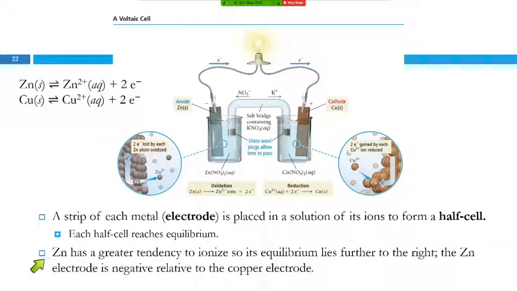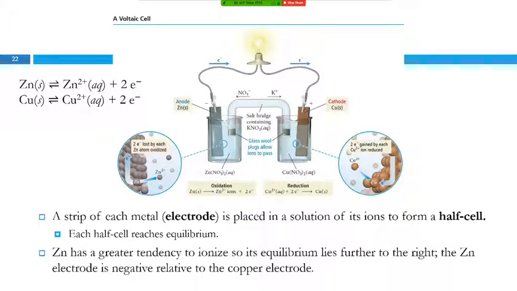Zinc has a greater tendency to ionize, so its equilibrium lies further to the right. So if we look at the equilibrium here, zinc is in equilibrium with zinc ion and 2 electrons. Copper in equilibrium with copper ion and 2 electrons.